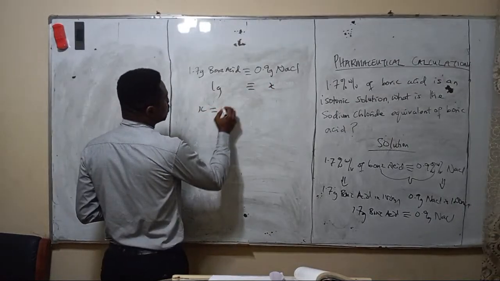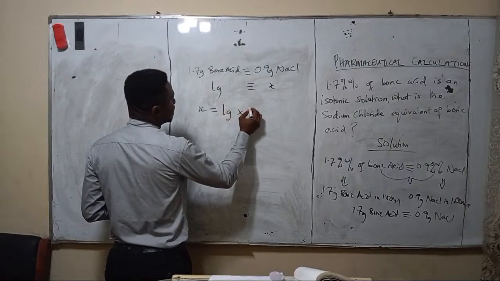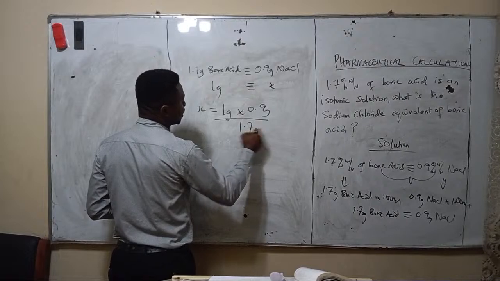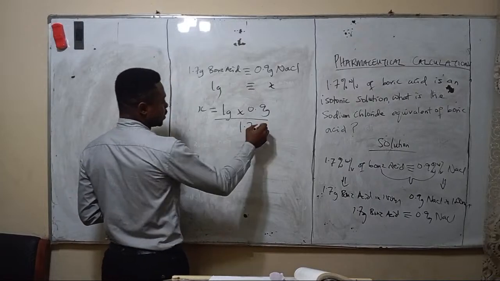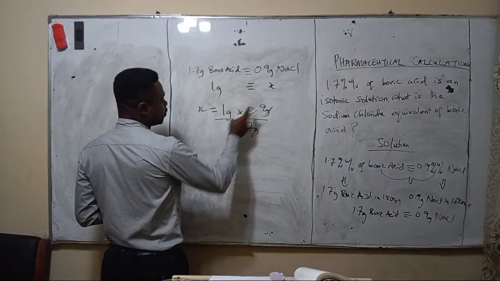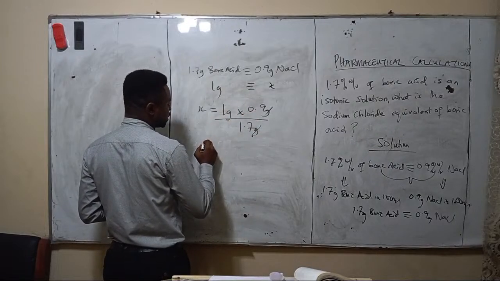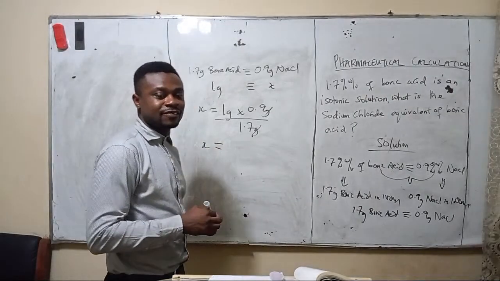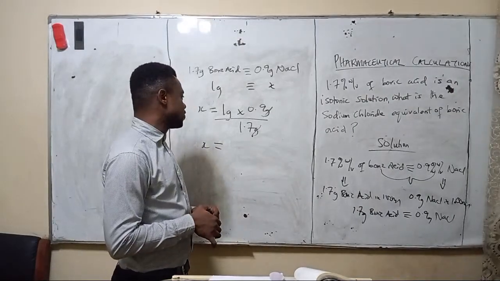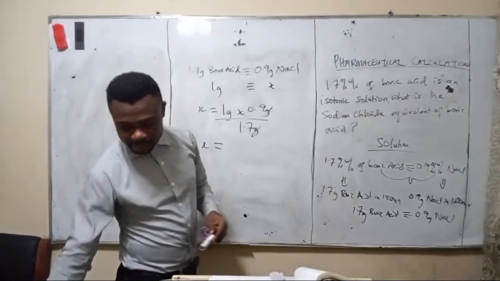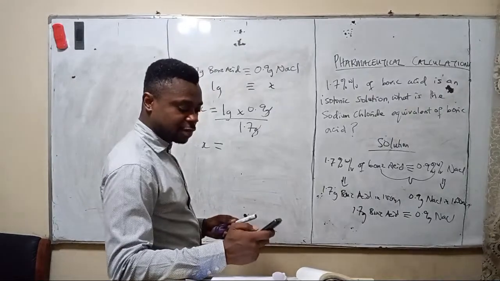X is now equal to 1 gram times 0.9 gram over 1.7 gram. Gram will cancel gram. 0.9 divided by 1.7 should give us around 0.5, but let me be sure.